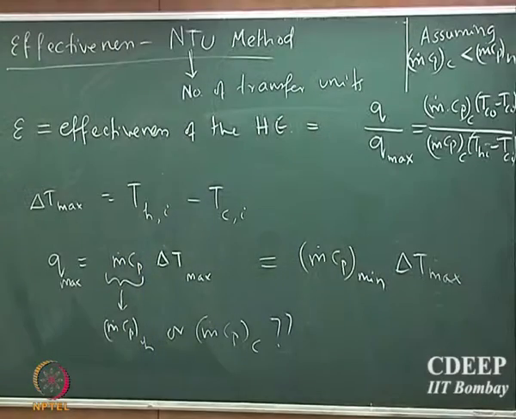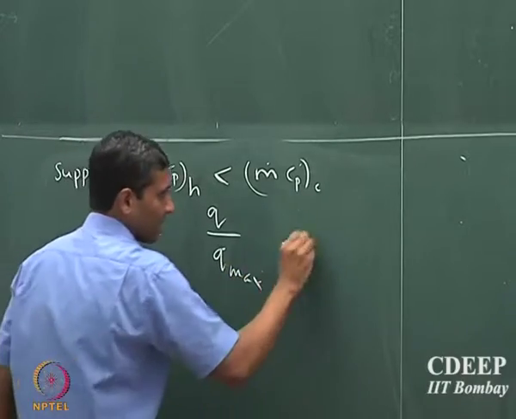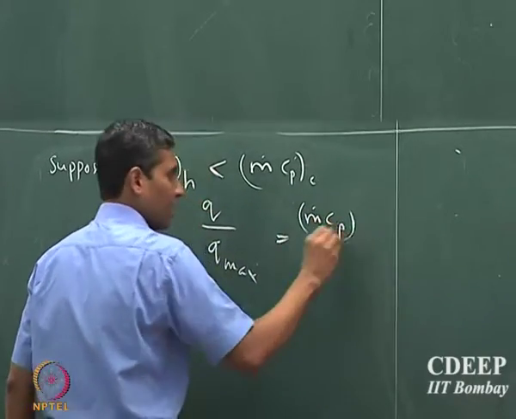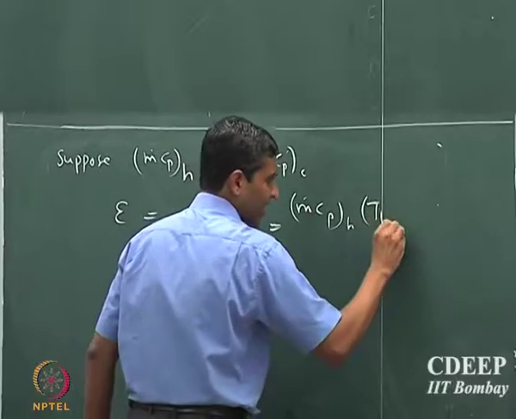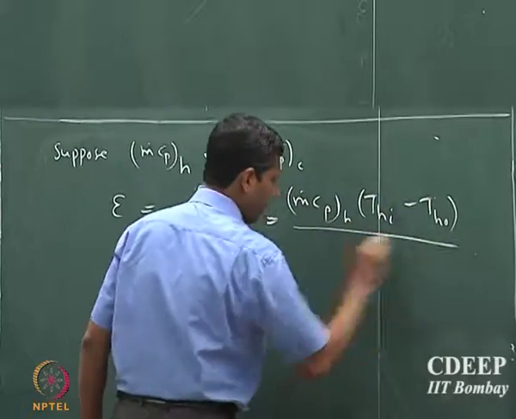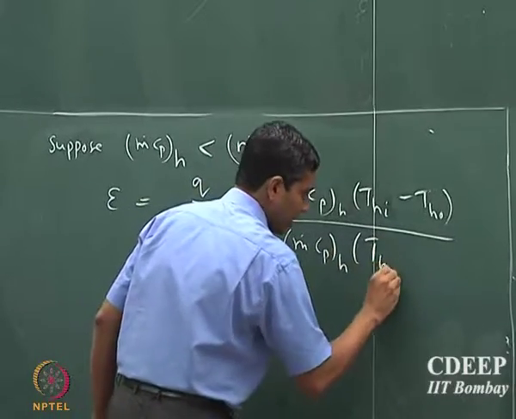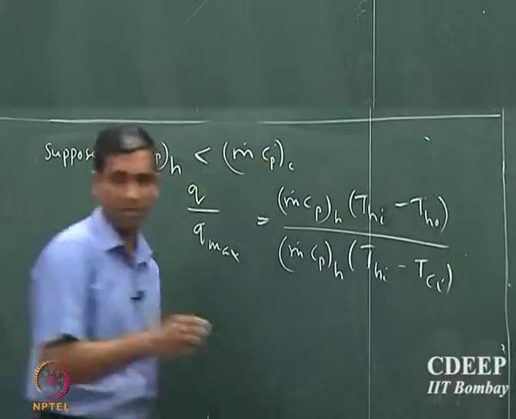Okay. So if m dot Cp of the hot fluid is less than m dot Cp of the cold fluid, one can immediately define epsilon as Q by Q max, which is m dot Cp of hot fluid multiplied by Thi minus Tho, divided by m dot Cp of hot fluid multiplied by Thi minus Tci.